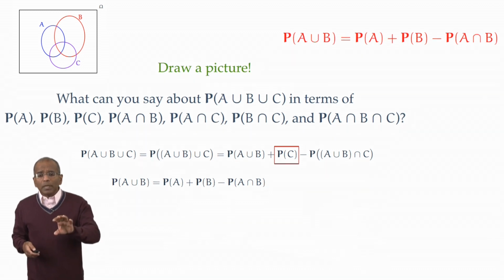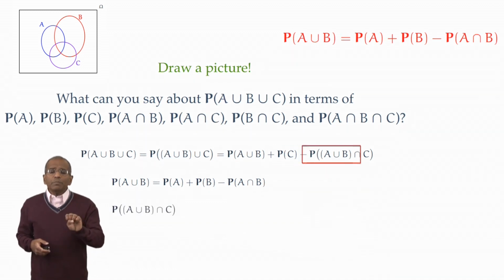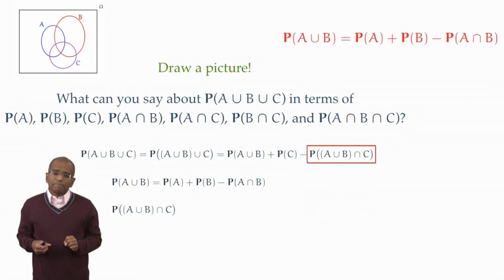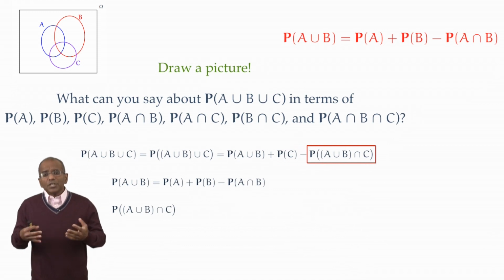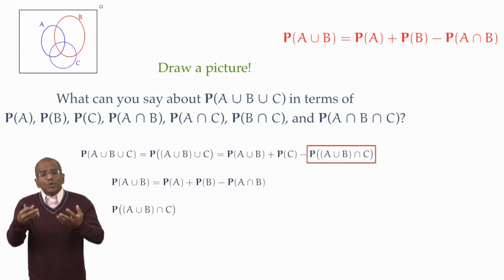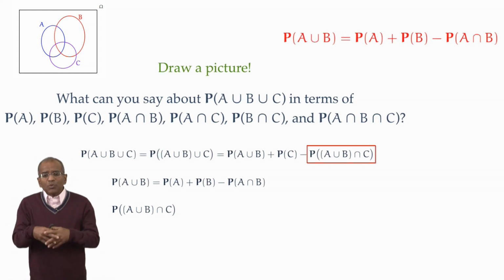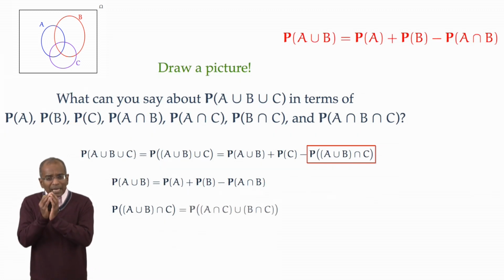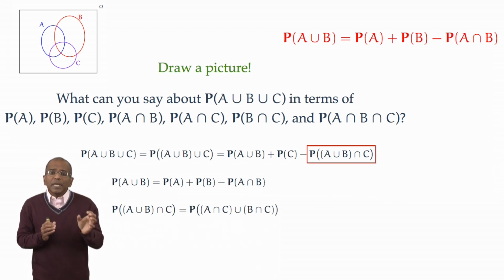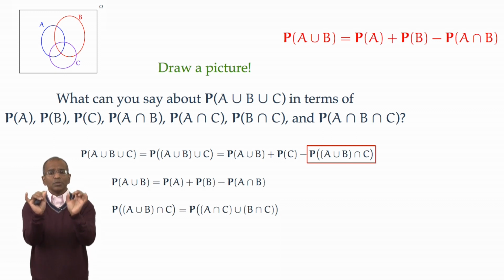And then we have a probability of A union B intersected with C. Leverage the distributive property of intersections over unions and rewrite that event as the event A intersection C union B intersection C. And now, in the brackets, we've got two events, A intersection C and B intersection C. And we have their union.